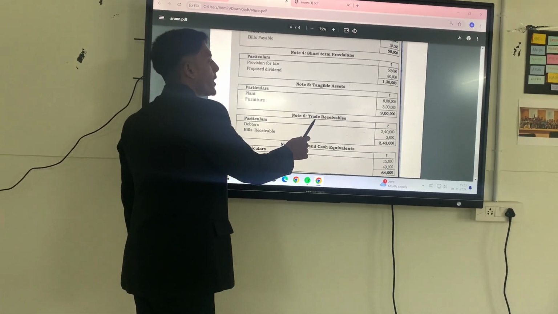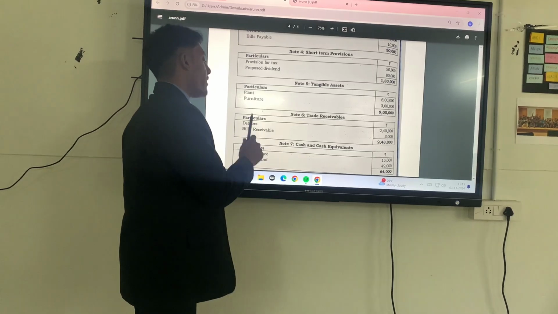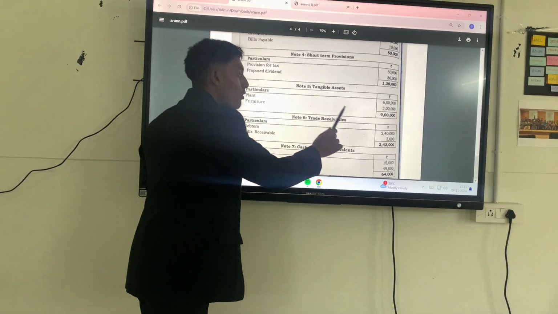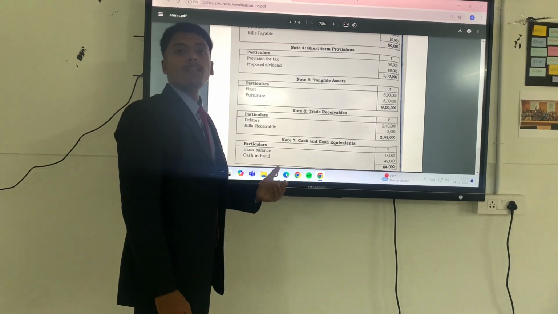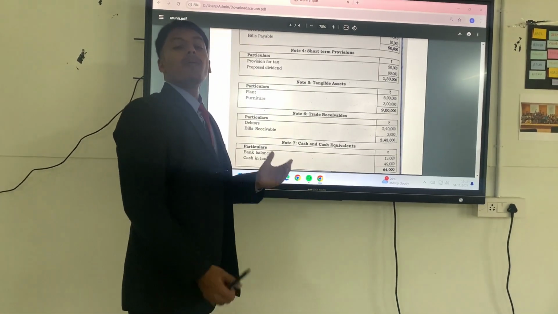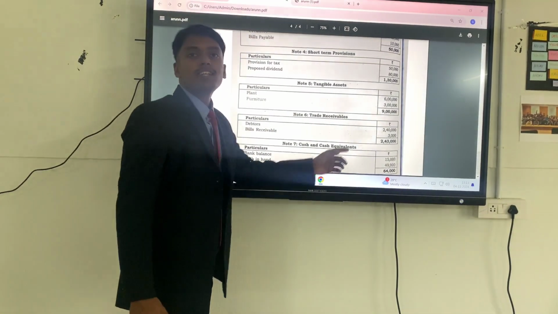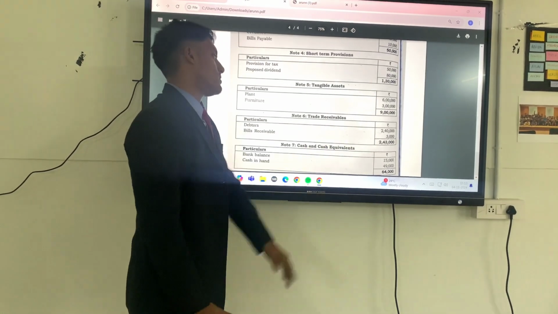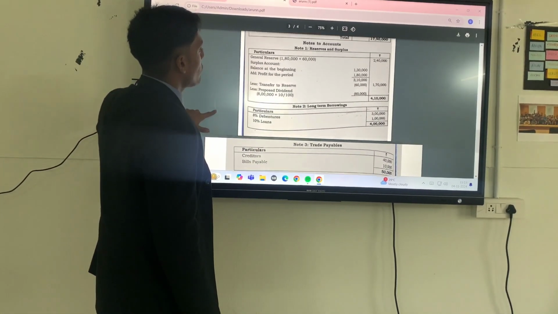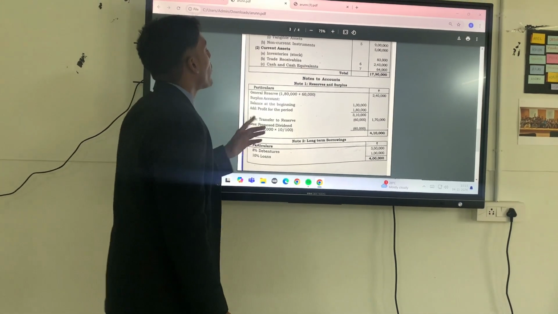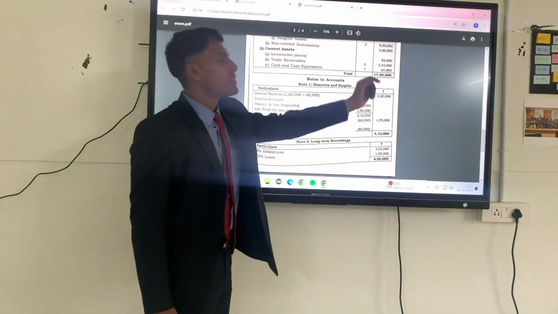Here in trade receivables, you can see debtors of 2,40,000 and bills receivable of 3,000. Then we add both, and we will get 2,43,000. And we have shown 2,43,000.